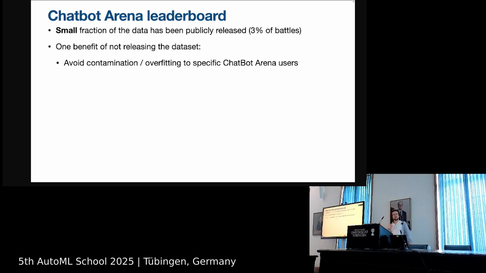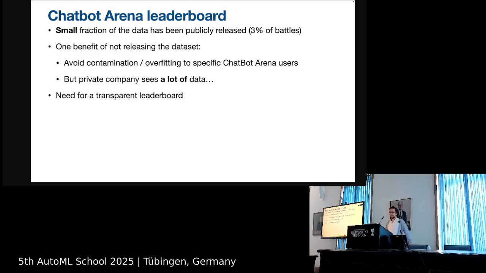It avoids people just fine-tuning on the Chatbot Arena, because then maybe it will overfit to how much people like emojis and those sorts of things. But private companies see a lot of data because of the previous plot I showed, and this importance sampling rule, or active learning. And arguably, you would need a transparent leaderboard.